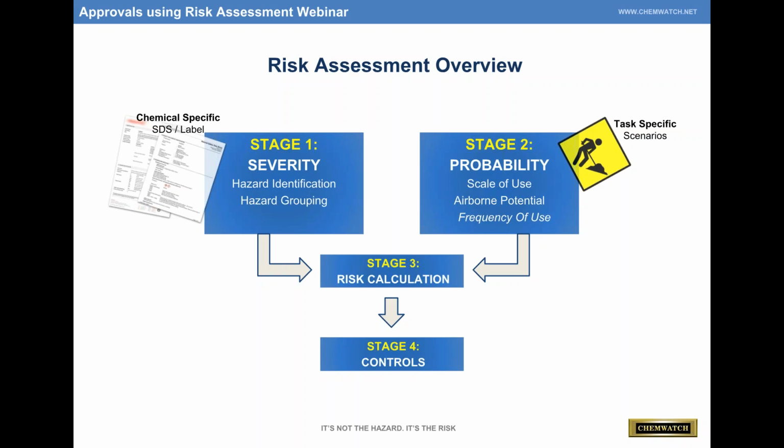We also look at what we call task-specific scenarios. We all know that spraying something is a lot different than picking it up off a pallet and putting it into a truck. The next stage is to calculate the risk, or the risk effect to the worker. The fourth stage is to validate this specific risk effect to the worker. You need controls in the environment or the facility itself.